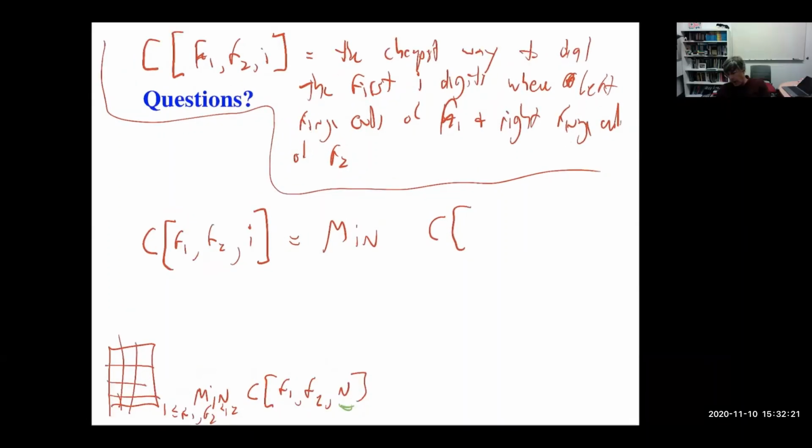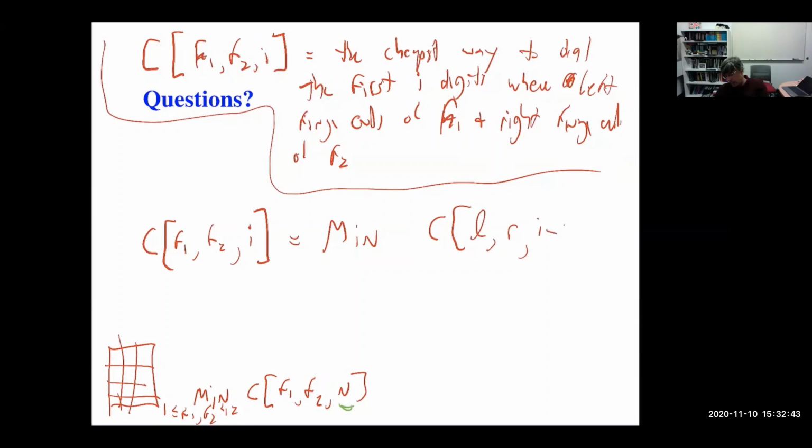Let's call L and R the positions of your fingers. Okay, what's the third argument? I minus 1. You're counting a prefix, right?